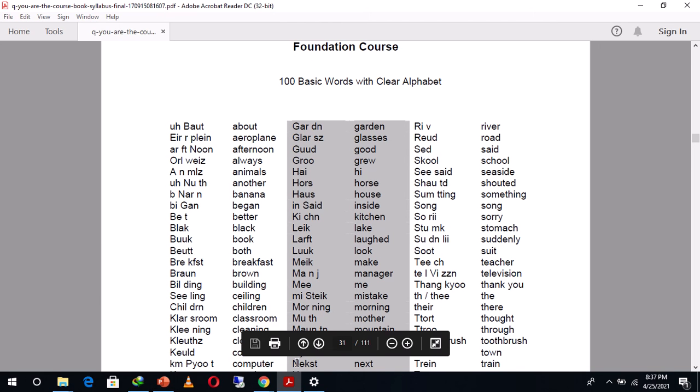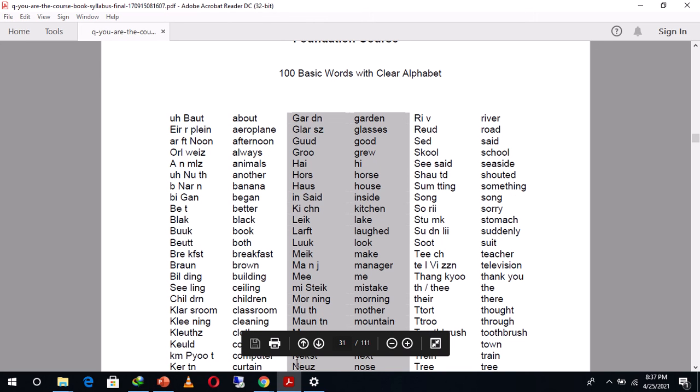Like there's a word about, aeroplane, afternoon. Like there's R is a bit silent, but there's a whole stress on the T sound. Afternoon. Like always. It's not always, it's always. There's another sound with animals.